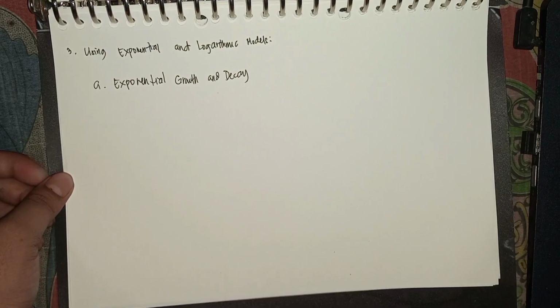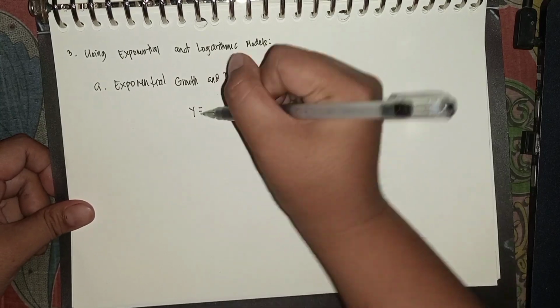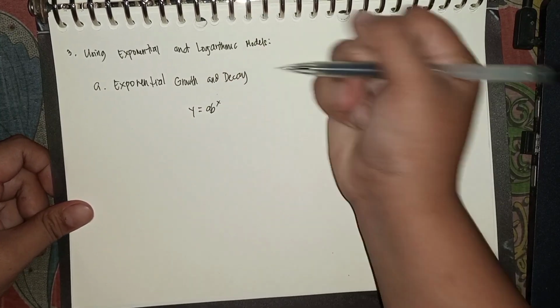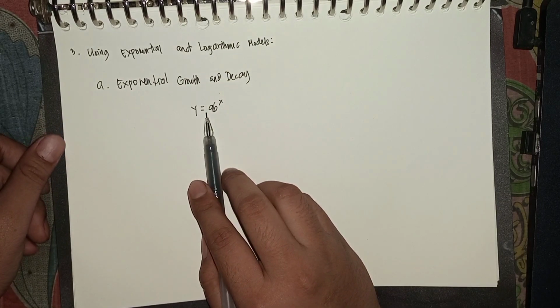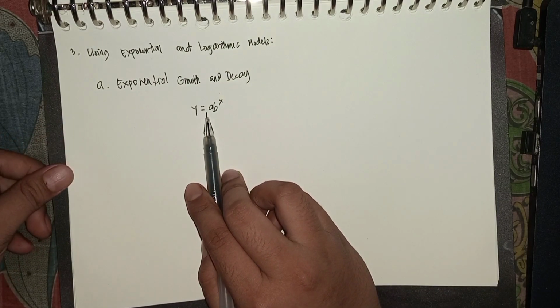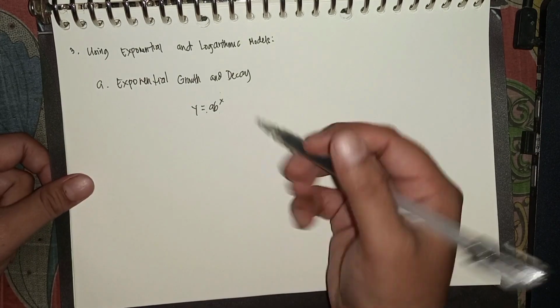The general form of an exponential function is y is equal to ab to the power of x, where a represents the initial value or starting quantity, and b represents the growth or decay factor.